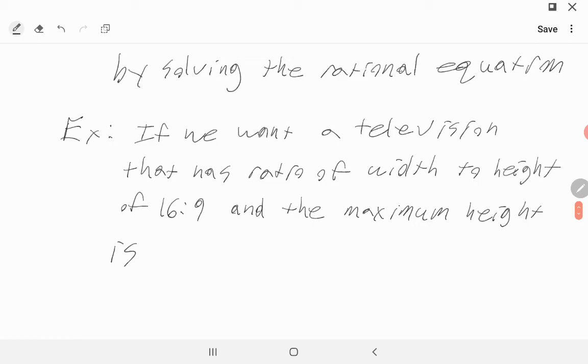So the ratio of width to height is 16:9, and the maximum height is, let's just make it, 27 inches. What is the maximum width?